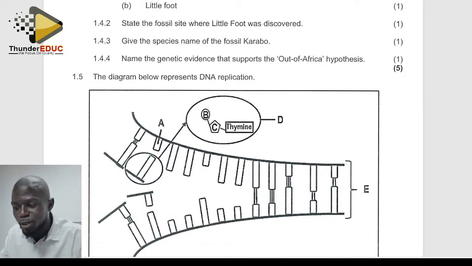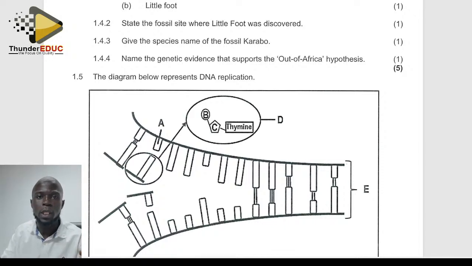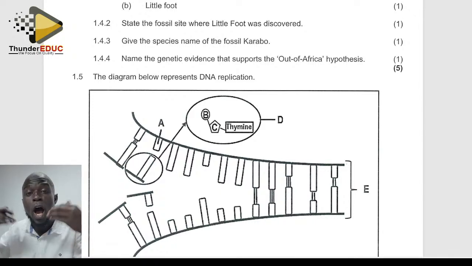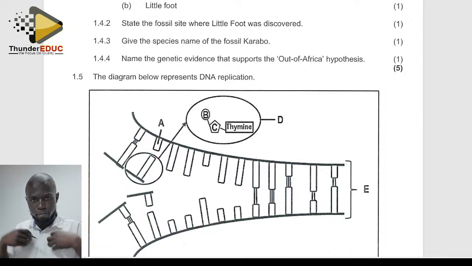Let me know so that I'm able to answer those questions, so that you don't repeat the same thing when it comes to the final exam. You understand? That's why I do these memos and we discuss them before they even release the final memo. Because it's like it's me and you writing the same paper. How will you obtain those marks?